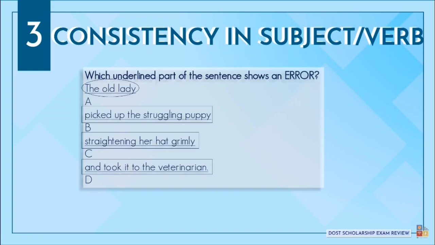Here we notice that picked up and took are in the same verb tense, but straightening is not. Again, the verb should be consistent, and we find that straightening is inconsistent with the two verbs. This should be straightened. From this, we can say that an error can be found in letter C.